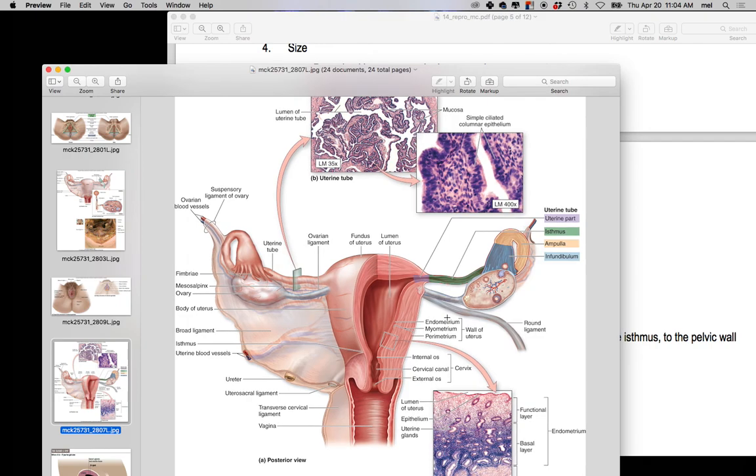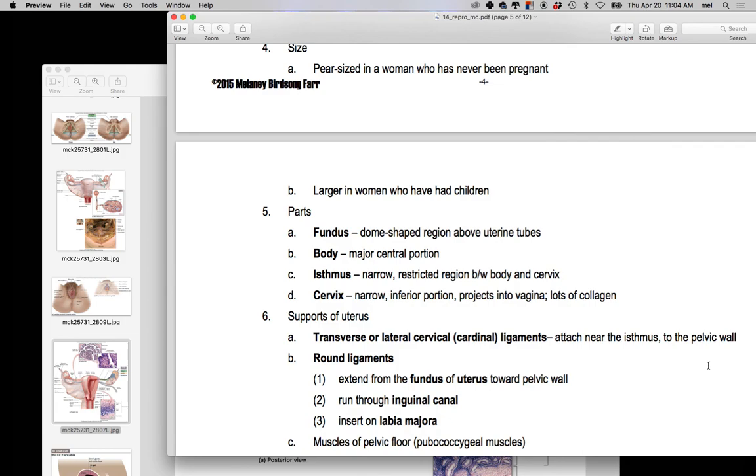As far as the supports, this is the transverse cervical ligament. This is mostly holding on to the vagina, but it's got the bottom part right here, so it's a little bit of overlap. This is the broad ligament, which we already learned. It supports both the uterus and the ovary. And then you have this weird ligament, the round ligament, which goes from the fundus of the uterus toward the pelvic wall.